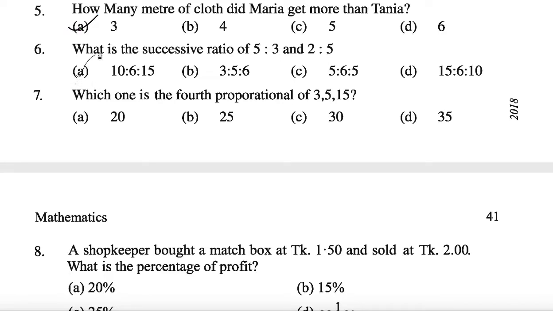Yes, this is the correct answer. Which one is the fourth proportional of 3, 5 and 15? 3x equal to 5 into 15. So x equal to 5 into 5, 25. 25 is the answer.